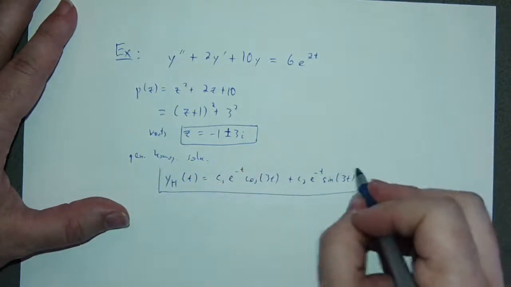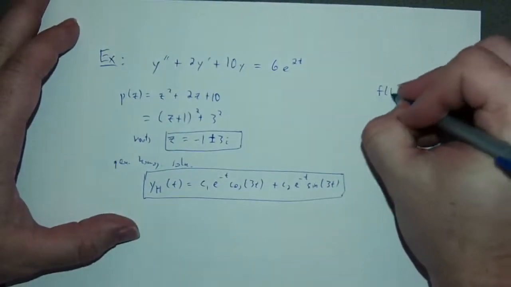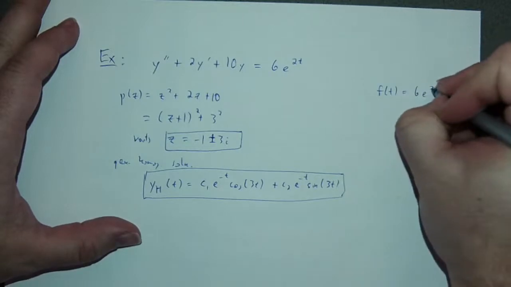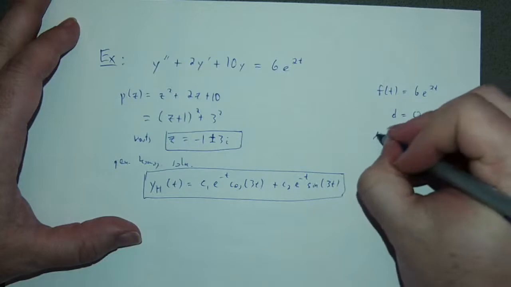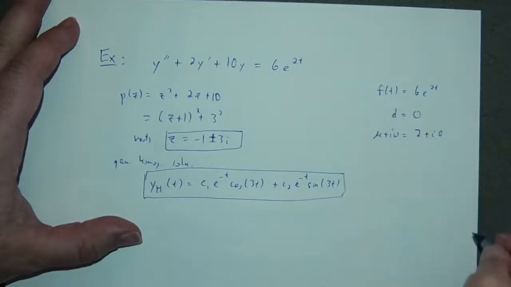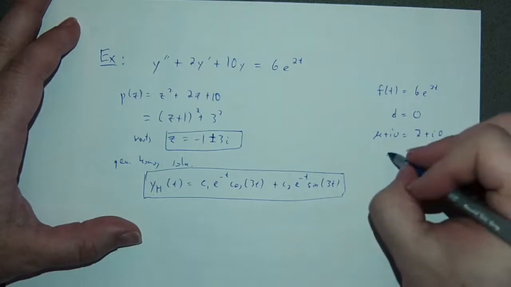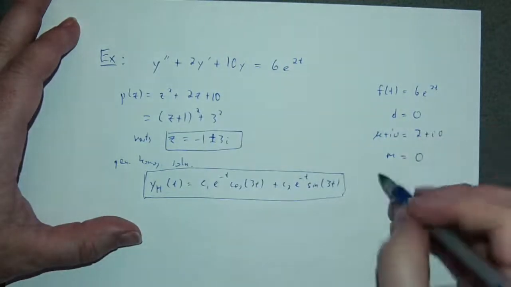So that's our favorite homogeneous solution. There it is. F of t here, of course, is 6e to the 2t. What's its degree? 0. What's its characteristic? 2, I'll write it as 2 plus i 0. And what is its multiplicity? Well, 2 is not a root of this characteristic polynomial, so 0.